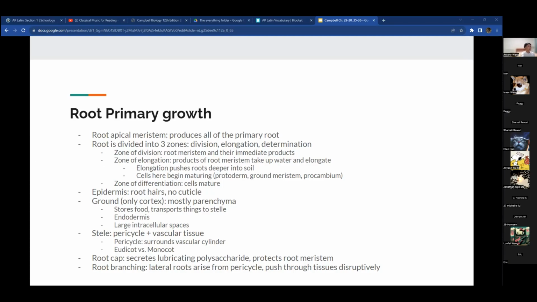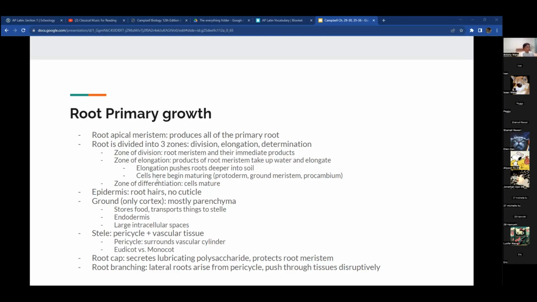It's relatively straightforward. Division consists of the meristem and their immediate product. This is the place where the meristem will divide into their own cells. Then you have elongation. In this zone, the cells will take up water and grow longer, right?